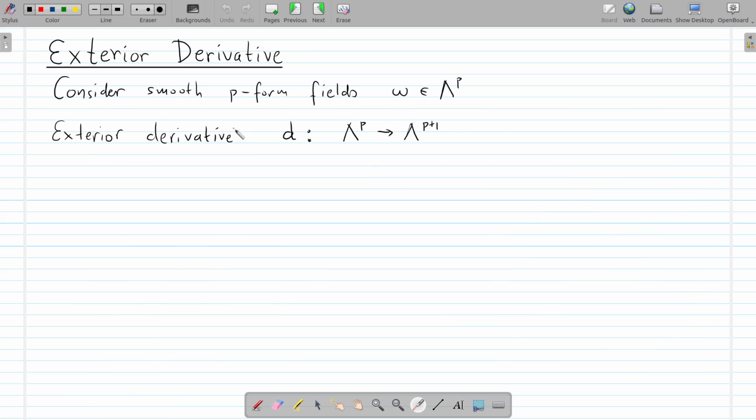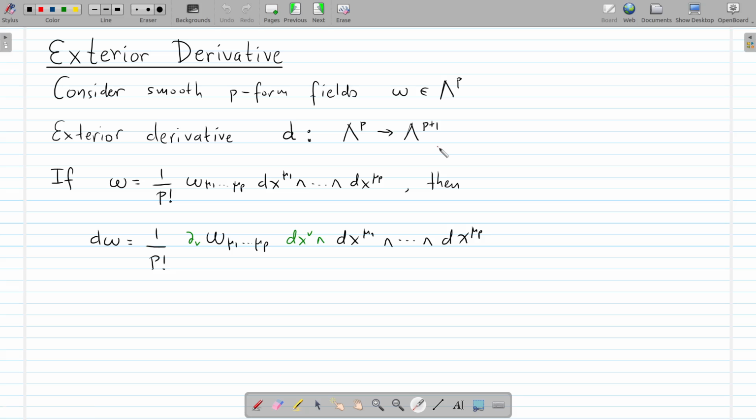Let's now consider exterior derivatives. For that, let's start from p-form fields in the space Lambda^p and define the exterior derivative as a map from Lambda^p to Lambda^{p+1}. So it will take a p-form and give us back a (p+1)-form. And the definition will be the following.